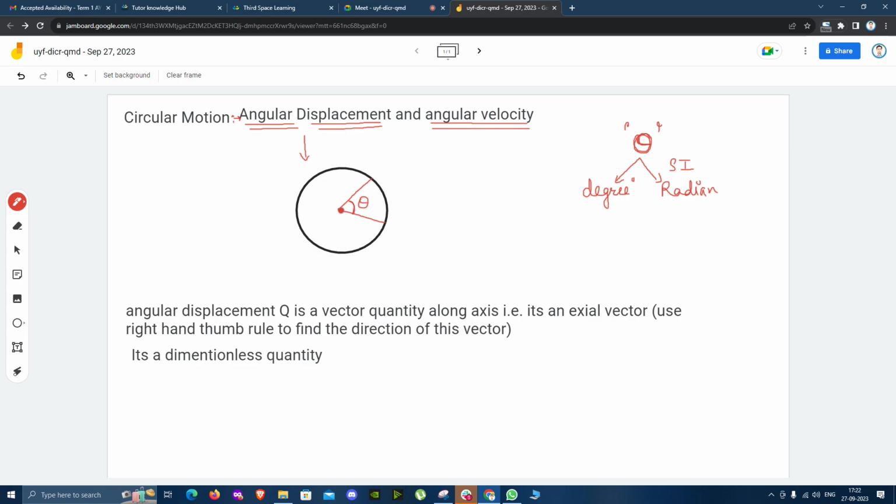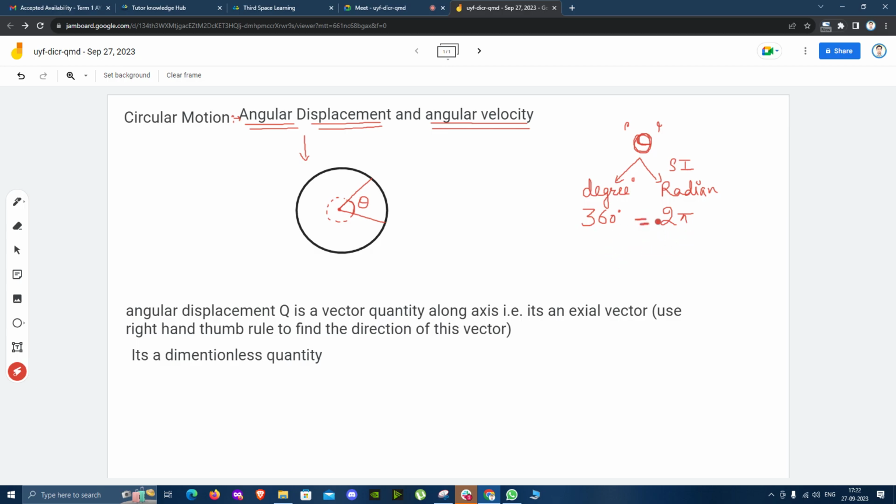And in this circle, we can see that 360 degree, if you rotate full, will be covering the whole circle. And in radian, we say it 2 pi. In this similar fashion, you can see that pi will be equal to 180, pi by 2 will be equal to 90 degree, and pi by 3 will be equal to 60 degree.